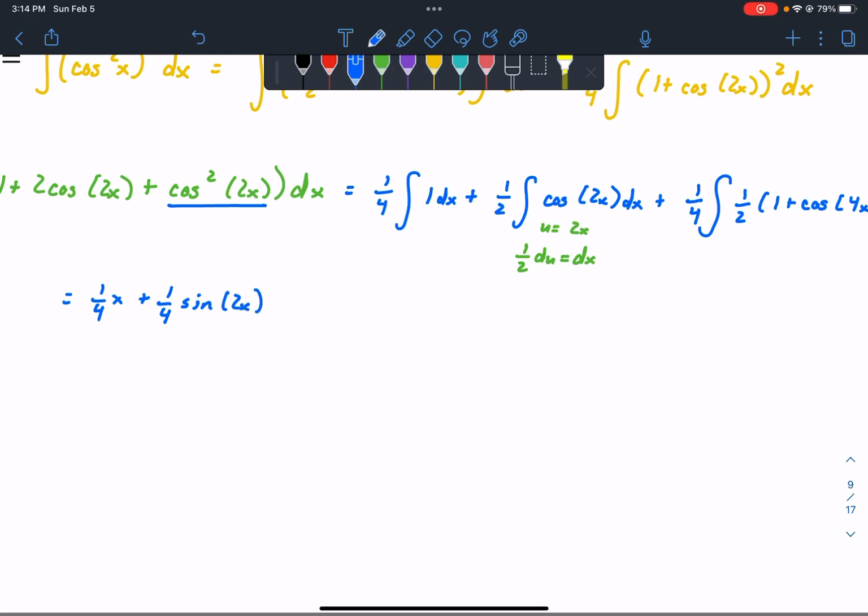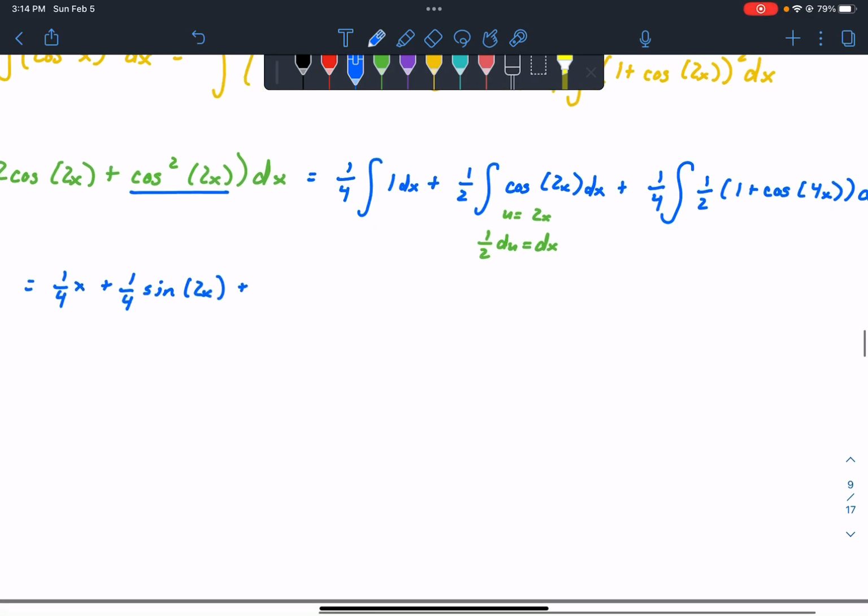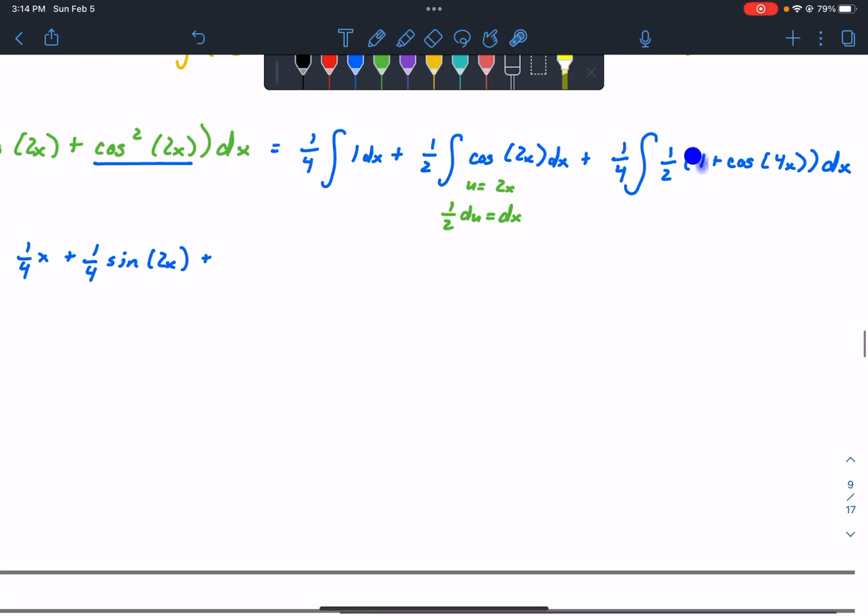Now let's pay attention to this last integration piece. Okay, so I've got this that I'm working with. So I've got 1/8, and I'm going to do the antiderivative of 1 plus cosine of 4x dx.